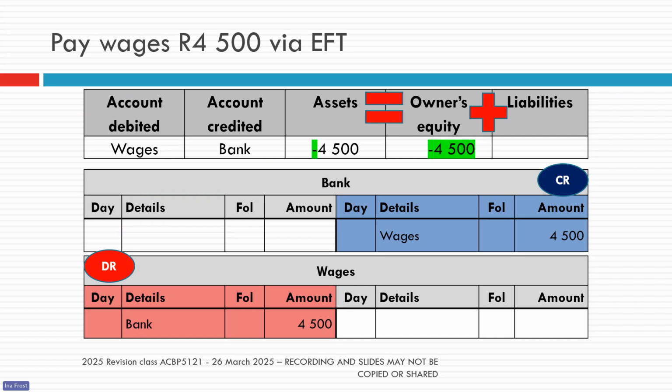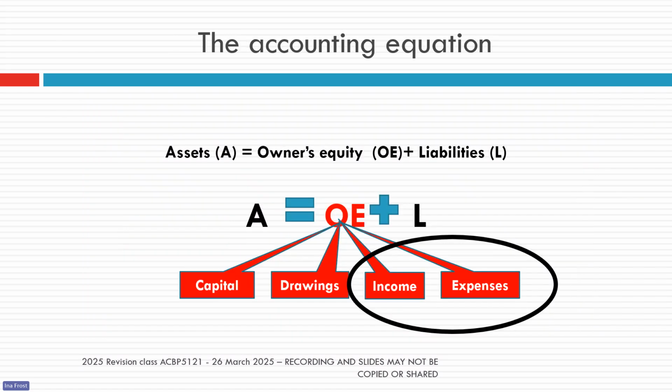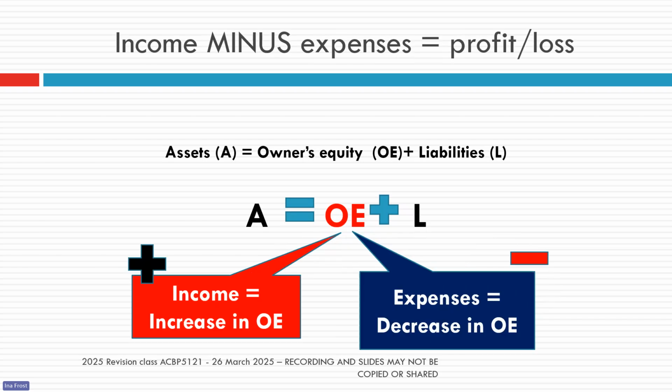And sometimes this is where students get a little bit stuck, because they will argue, if my wages or my expenses are increasing, why are you saying minus owner's equity? But remember again that our owner's equity is made up of four things, and included under owner's equity is both income and expenses.